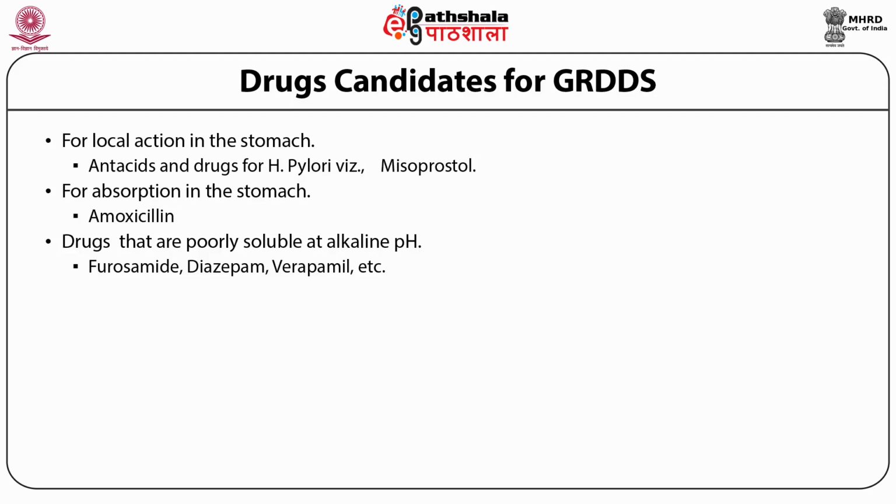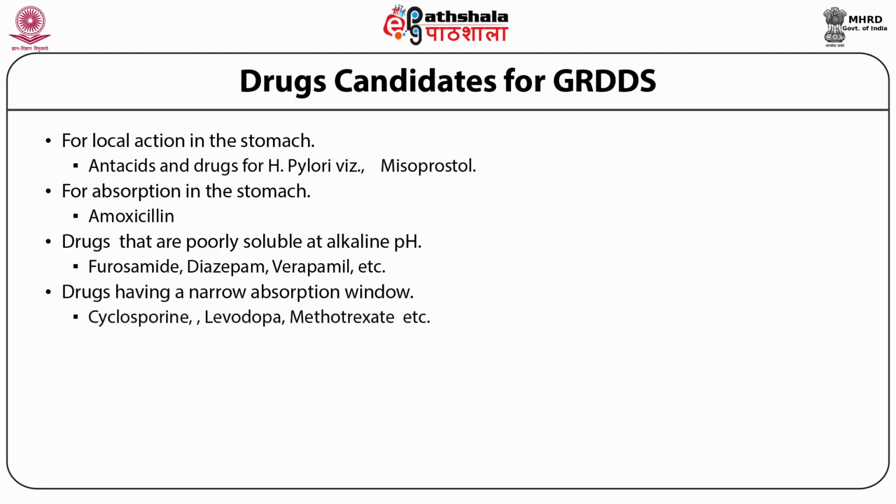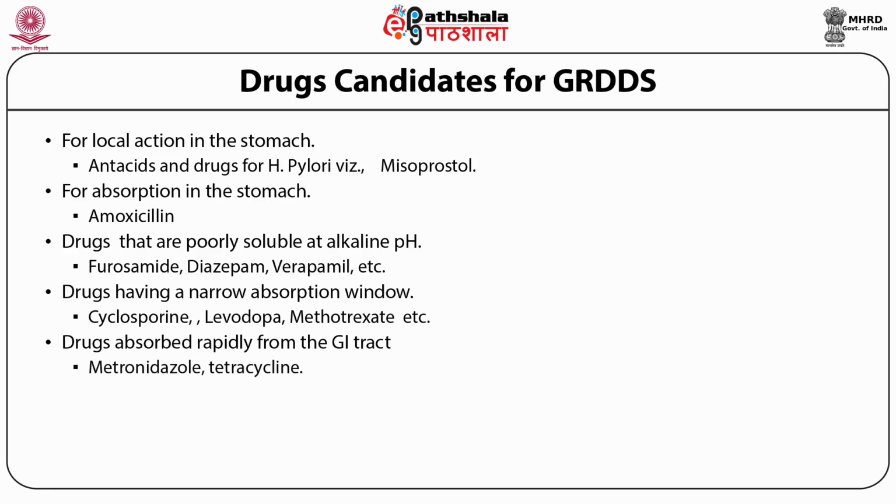The drugs which have a narrow absorption window, exemplified by cyclosporin, levodopa, and methotrexate, can also be exploited for designing into this system. The drugs which are absorbed rapidly from the GI tract, like metronidazole and tetracycline, can also be used.